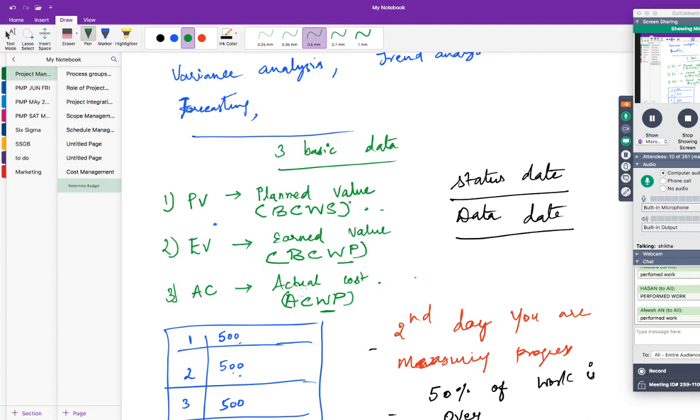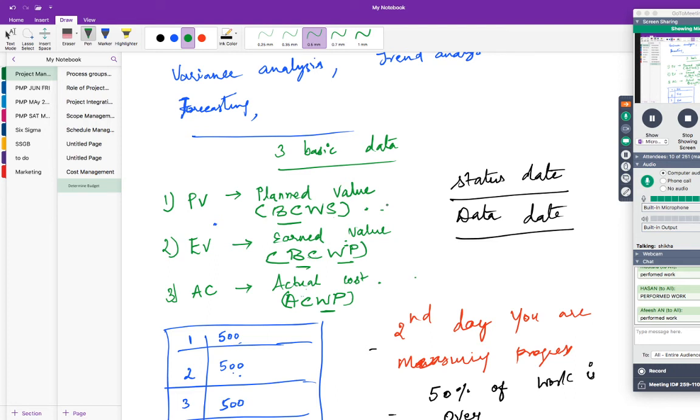Whereas when it comes to schedule variance, what would you see? You will look at the difference in the work, how much work is scheduled and how much work is performed. So here you will keep the cost intact and look at the difference in the work. To understand the variance in the schedule, what are you trying to understand?